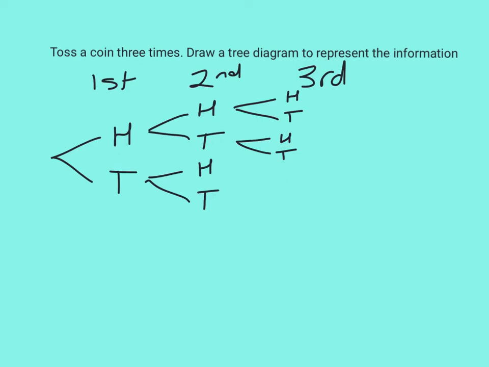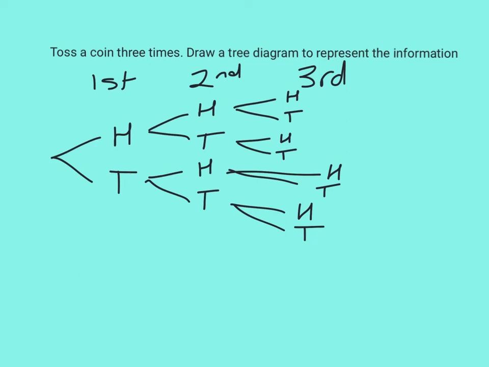We can also have, so if we just put out a little longer arm here, tails on the first trial. So tails, heads, heads, and tails, heads, tails. And the very final one then, we could have tails, tails, heads, and tails, tails, tails.